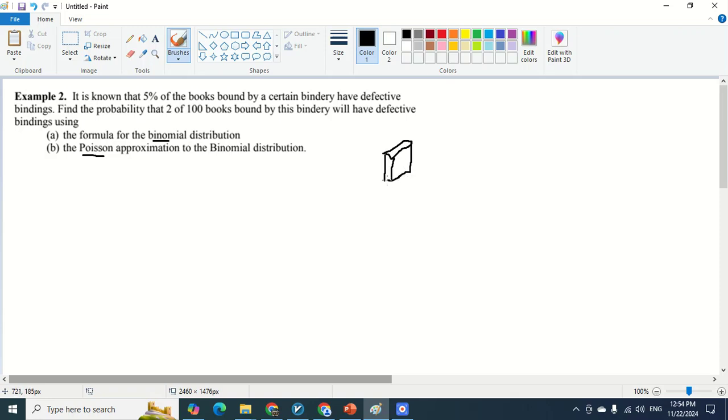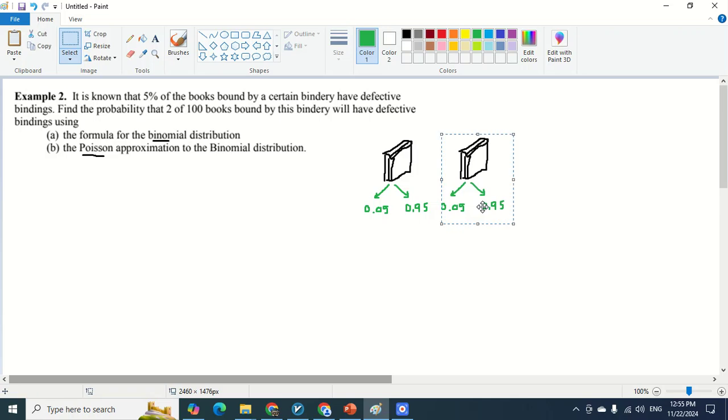With probability 0.05, or 5%, the book has defective binding, and the probability of good binding is 0.95. This probability is constant, or invariant, for each book and for each case that you have. It means that for the second book, for the third one, up to the end, we have the same probability.